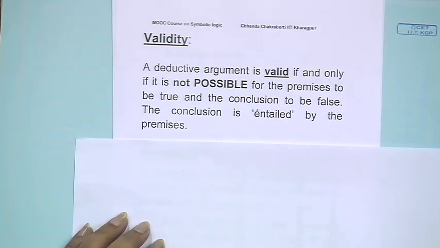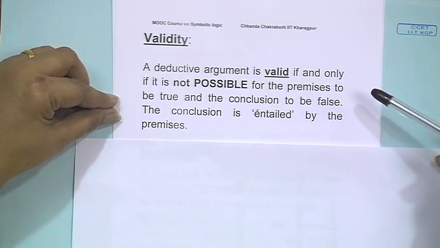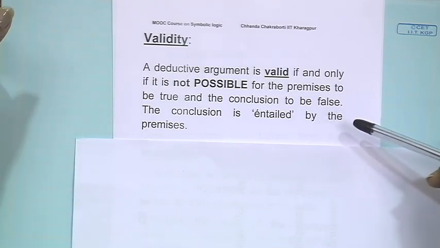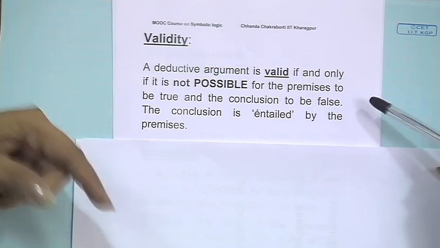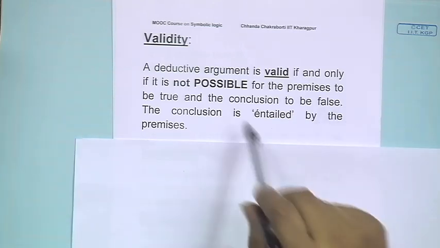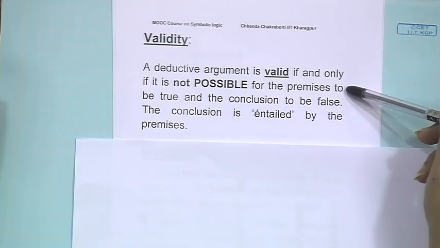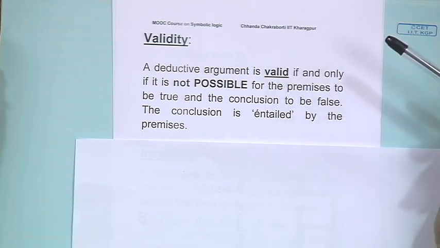A deductive argument is valid if and only if it is not possible for the premises to be true and the conclusion to be false. I will repeat that. It should not even be possible. There should not be even the smallest possibility that the premises are true and the conclusion is false.